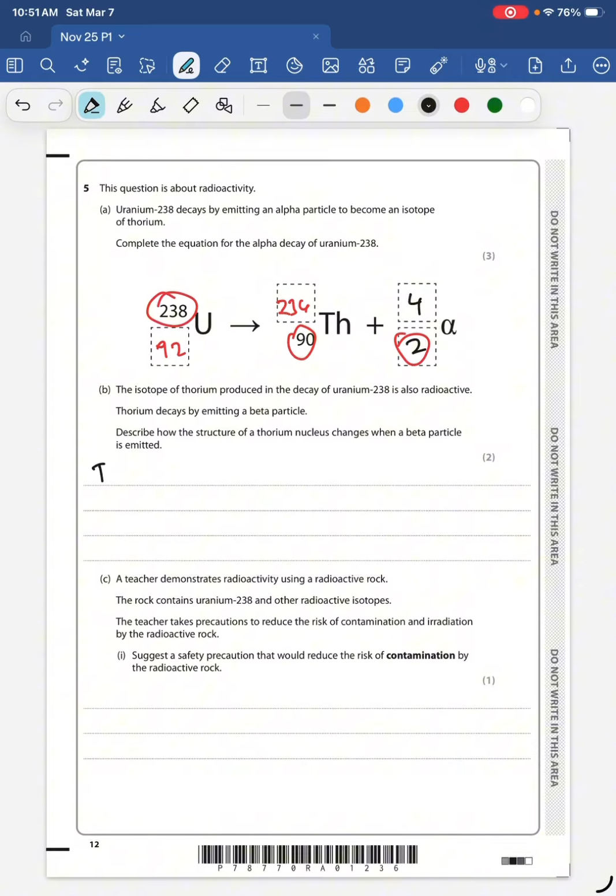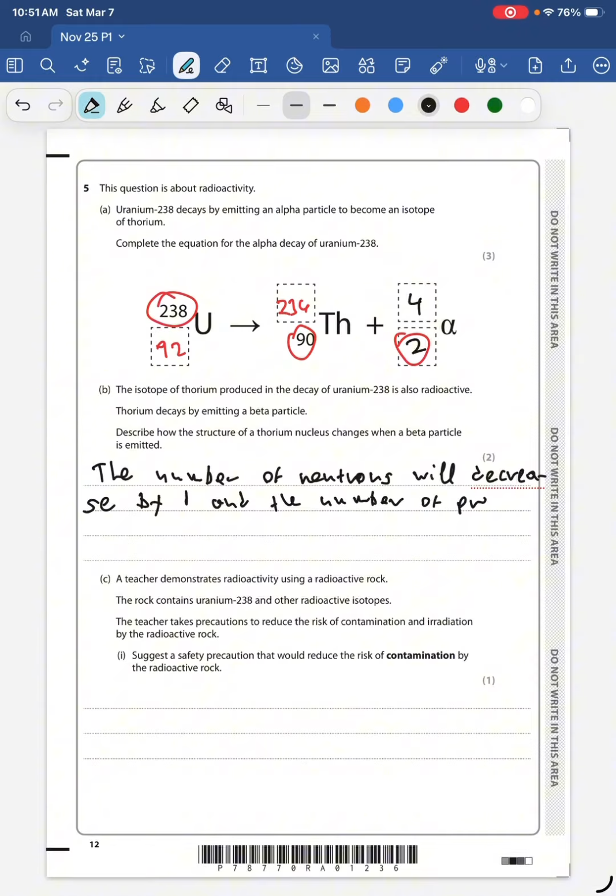So the number of neutrons will decrease by 1, and the number of protons will increase by 1.